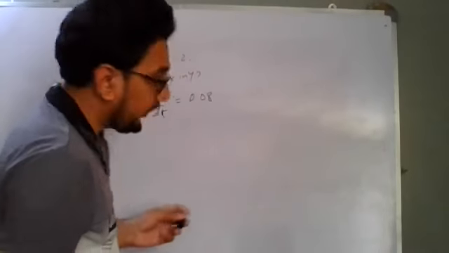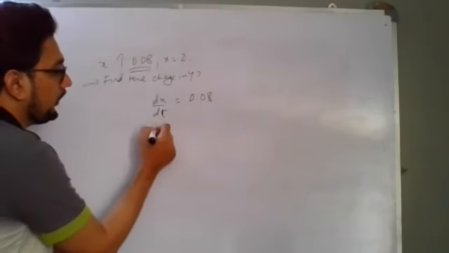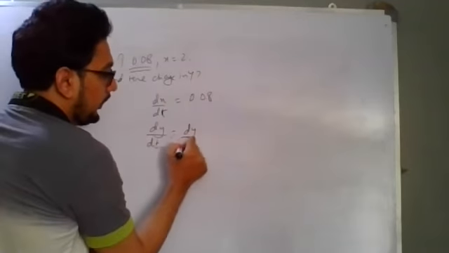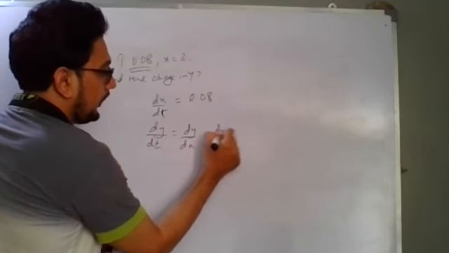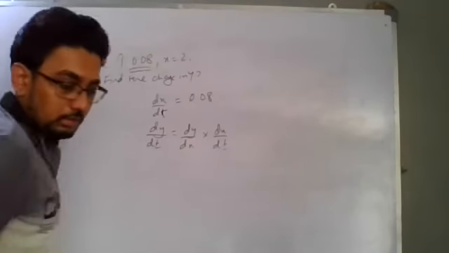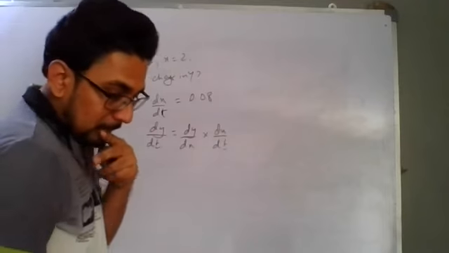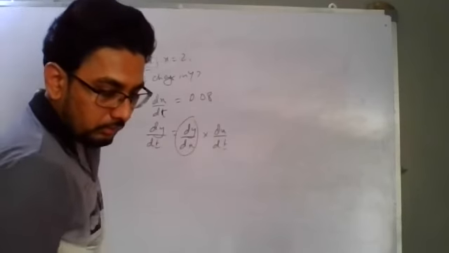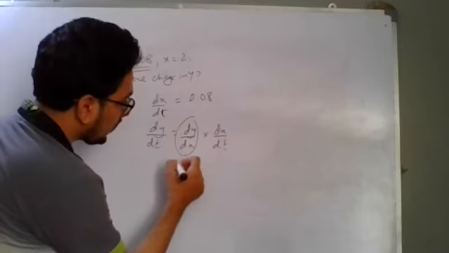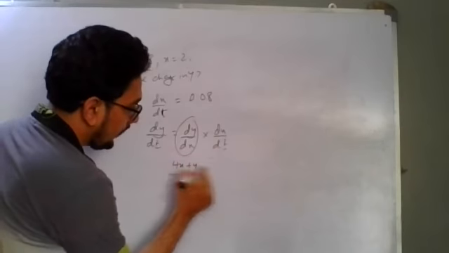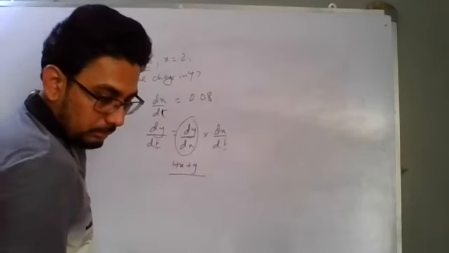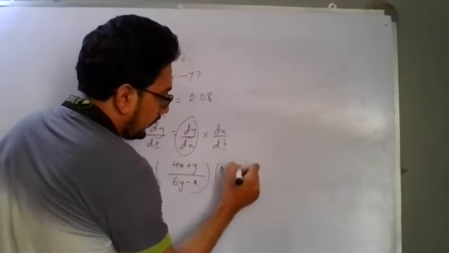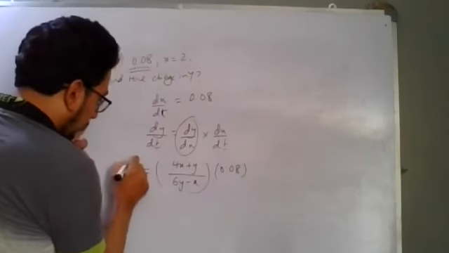Now we have to find the change in y with respect to time. So dy over dt would be dy over dx multiplied by dx over dt. We found dy over dx in the previous part: 4x plus y upon 6y minus x, multiplied by 0.08.